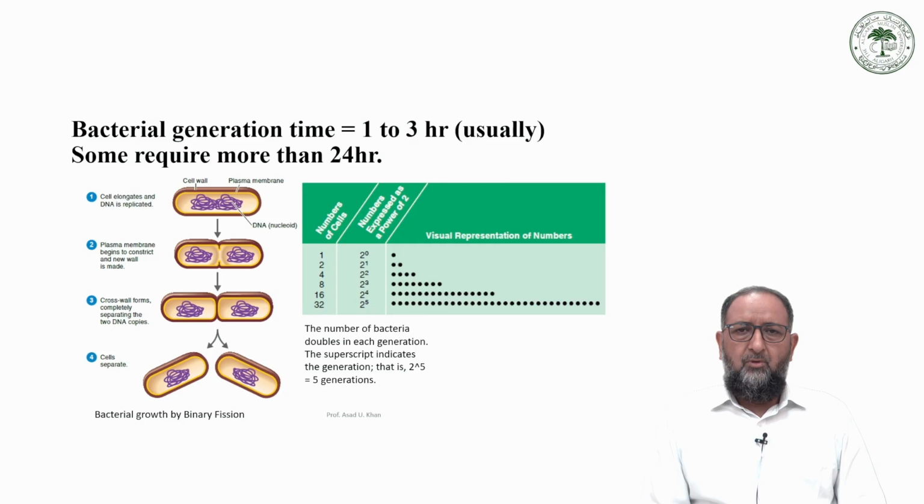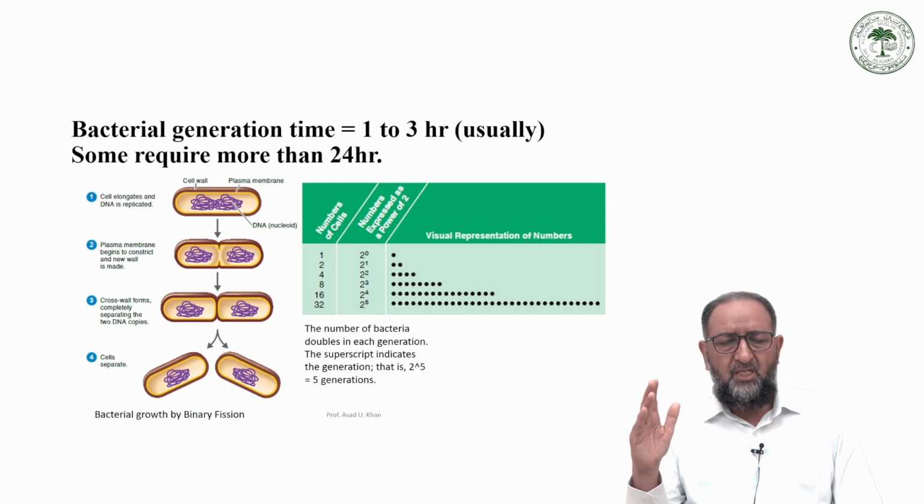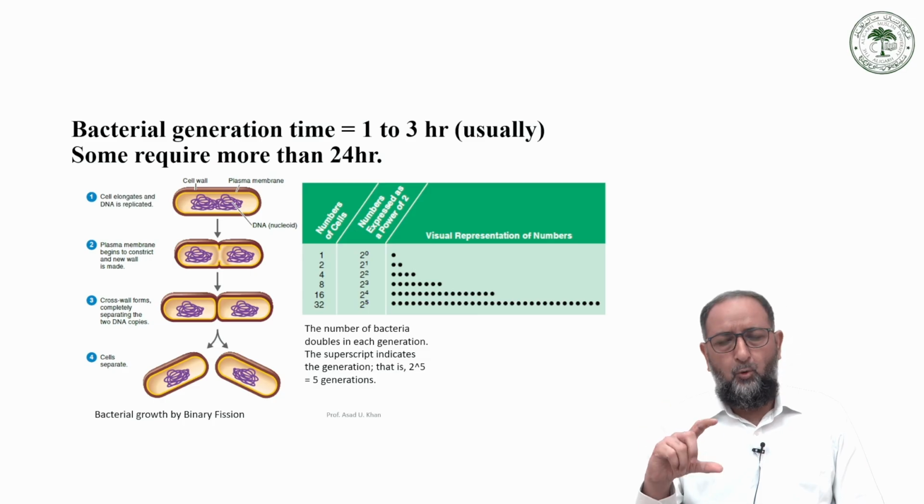As you are aware, in my earlier lectures, when we discussed growth, we covered how the generation time is calculated, what the significance of generation time is, and how generation time is correlated with the growth rate. Growth rate is inversely proportional to the generation time. This is the key point in the whole quantification or estimation method.